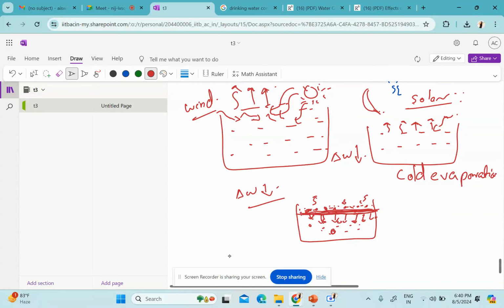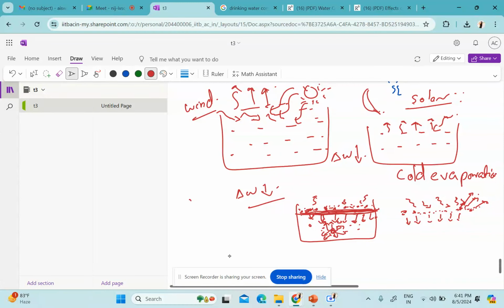If a water molecule is inside, it has attraction or force from all directions. But these molecules in the top section are always in motion, and the attractive force between other molecules is less. And if there is some small wind also, the kinetic motion of these molecules becomes high, and these molecules can easily escape the surface. So that is called cold evaporation.